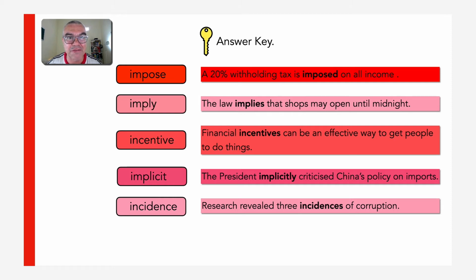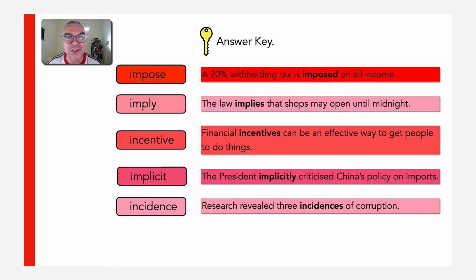And then we have incentive. Financial incentives can be an effective way to get people to do things. Next is implicit. The president implicitly criticized China's policy on imports. And the last one is incidence.